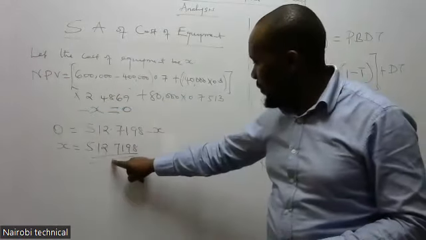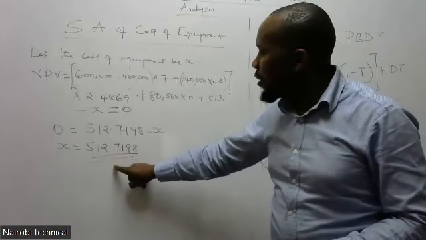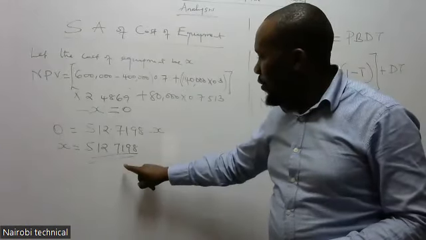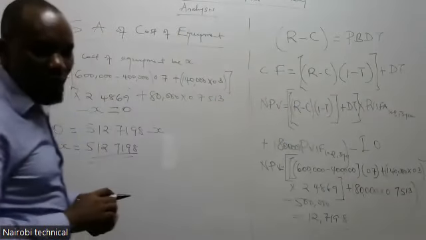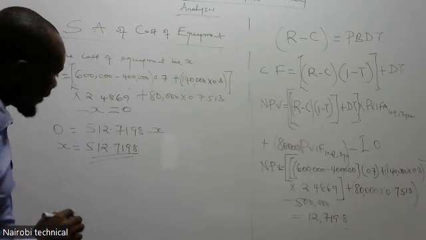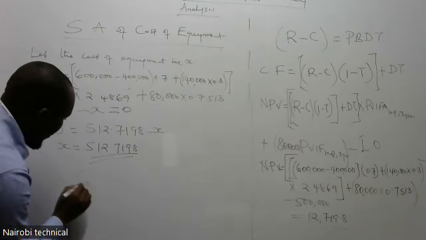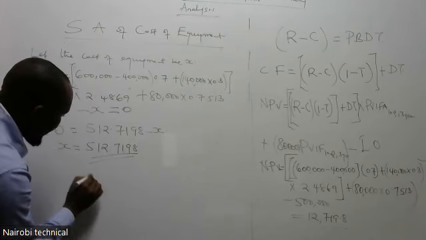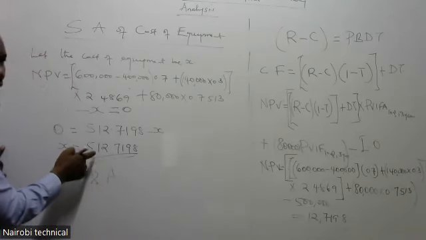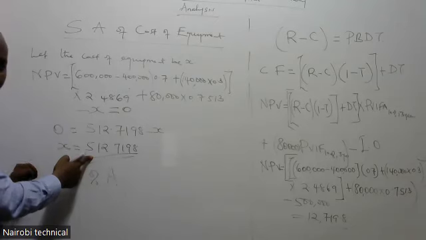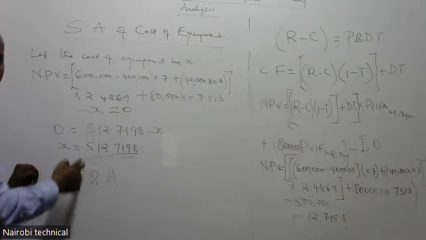It will be this. Now this one will be the new cost of equipment. So that means that our sensitivity analysis, or percentage change, which is adverse because the cost has gone up. Initially it was 500, but it has gone up now.